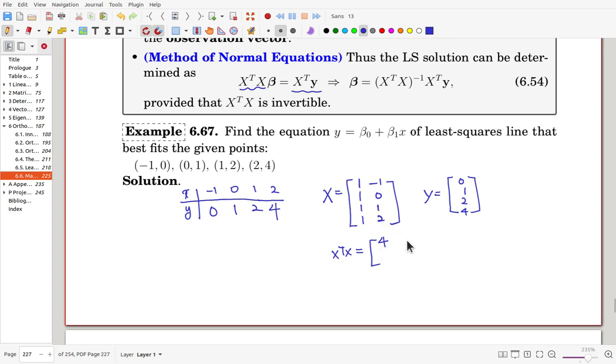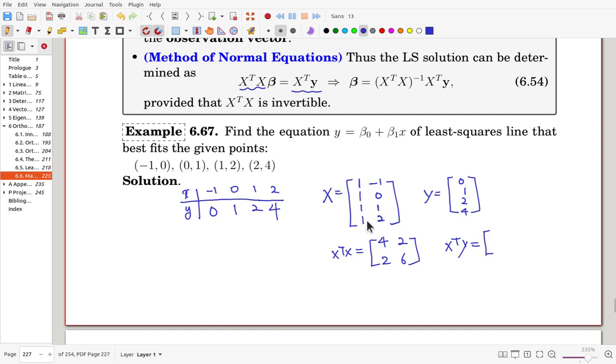Now, the off-diagonal position is the dot product of these two columns, -1 + 0 + 1 + 2, which is 2. It's symmetric, so the other must be 2. Now, the dot product of this second column with itself is 1 + 0 + 1 + 4. That is 6. Right? And how about X transpose y?